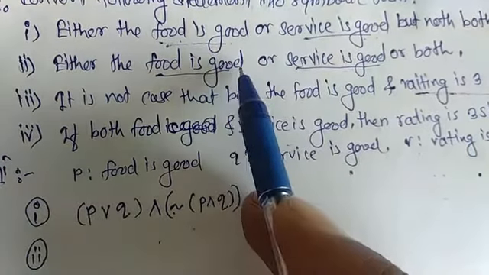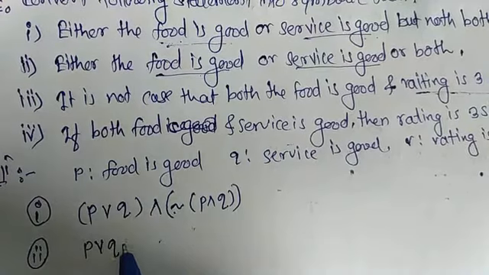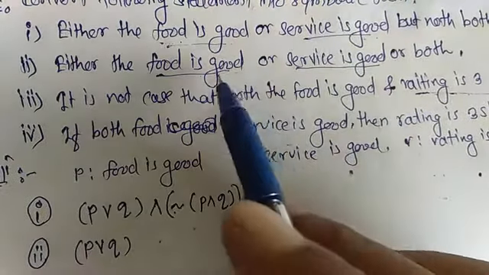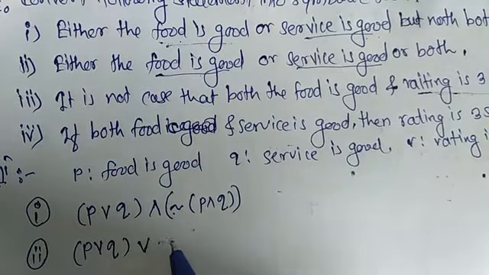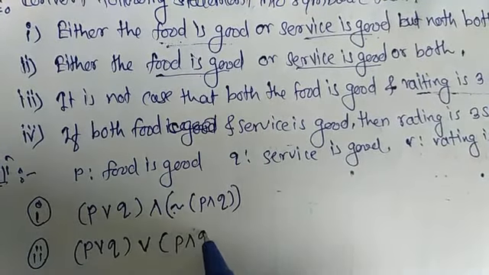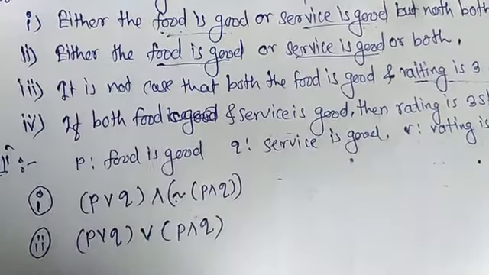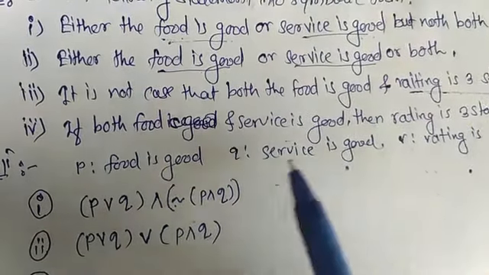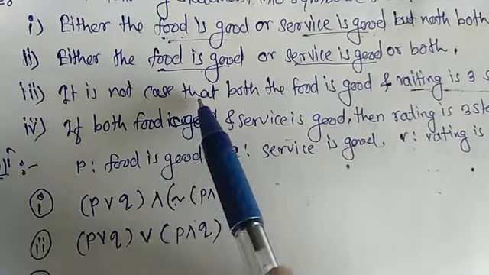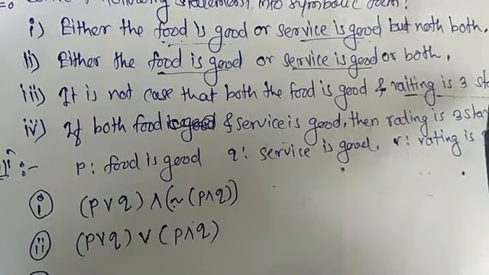Now in the second, either the food is good or service is good, or both. Here food is good, you may write P or Q, or both, which you can write as or P and Q. Next, the third statement: it is not a case that both the food is good and rating is 3 star.